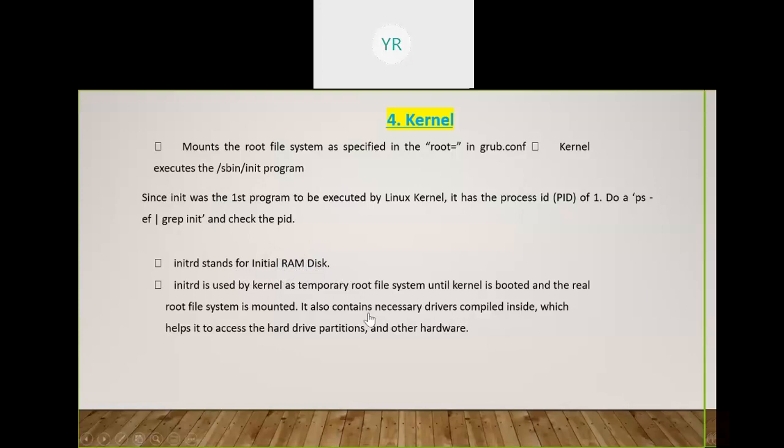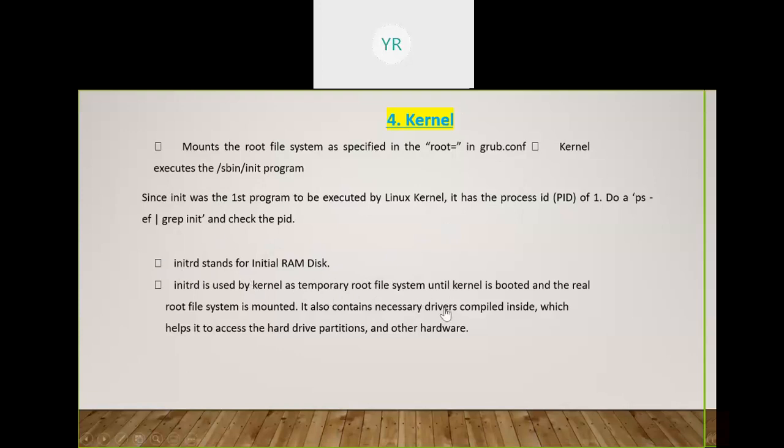So what it contains is the necessary drivers compiled inside, which help to access the hardware partitions and other hardware. If you want to boot, it needs to access the hardware now. If you want to access the hardware, you must have some drivers, you know, as in Windows. If you want to access some CD-ROM or something, you must install the drivers. If you don't install those drivers, you cannot access the hardware. In the same way, before loading the kernel, initrd will act as a temporary file system.